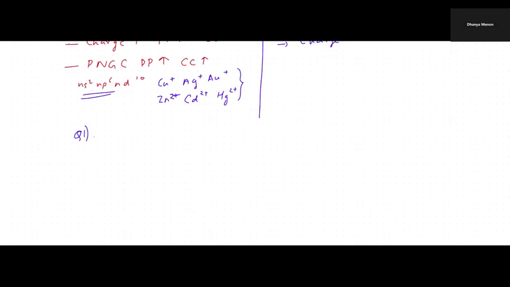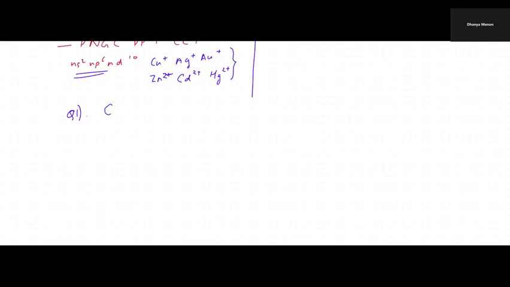You have to tell the covalent character, and we know that it is not measuring the percentage or anything, it's the comparison of different ionic compounds. So you have to tell which of the compounds have higher covalent character, or arrange the following compounds in increasing or decreasing order of covalent character.